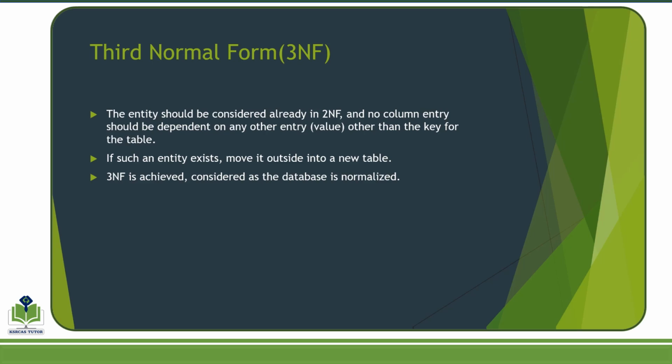If such an entity exists, we have to move it outside into a new table. Then the table will be in third normal form. So the very first condition, the table should already be in second normal form. And the second condition, no column entry should be dependent on any other entry other than the key for the table.